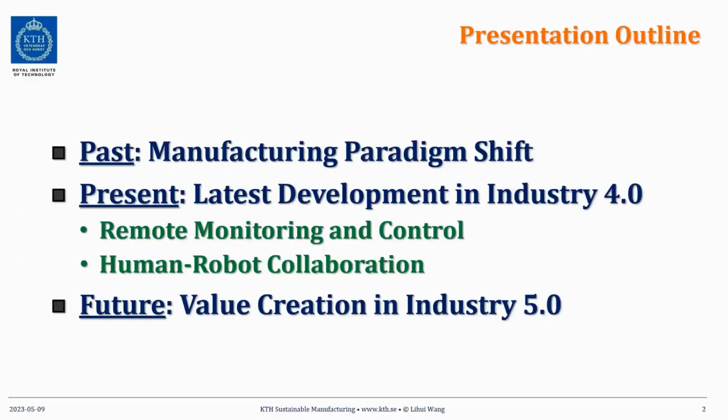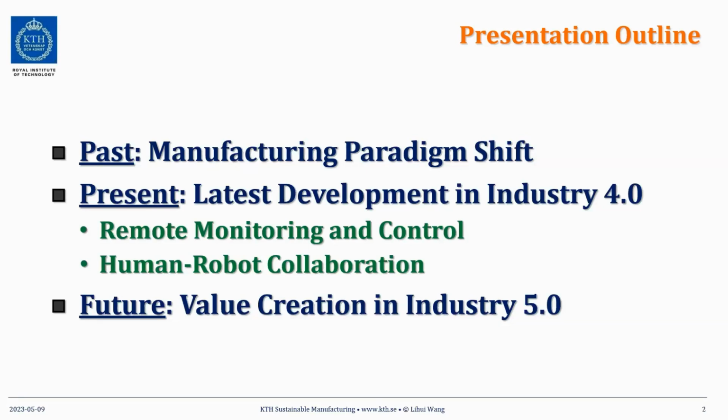So here is the outline I wanted to share with you in the afternoon in 20 minutes. First, let's go through a brief review of the manufacturing paradigm shifts of the past almost 240 years.